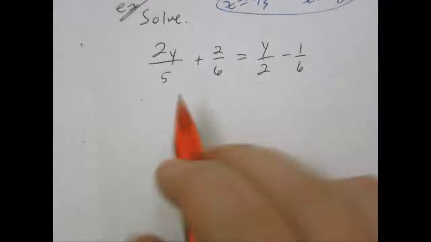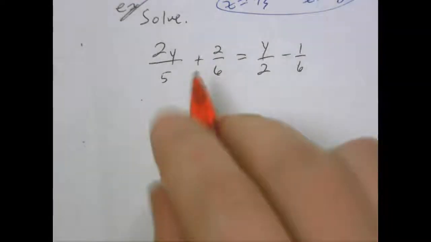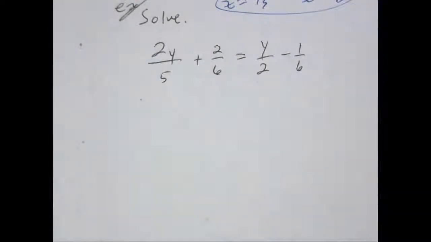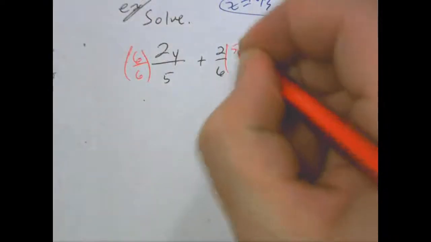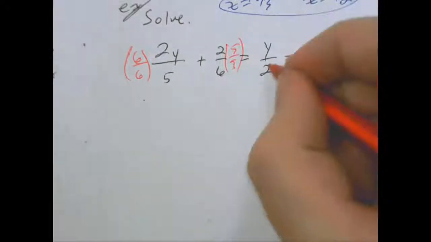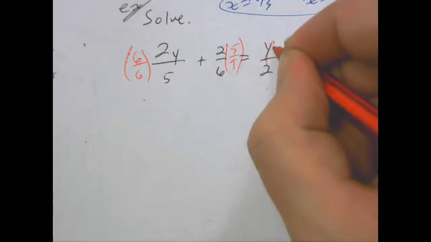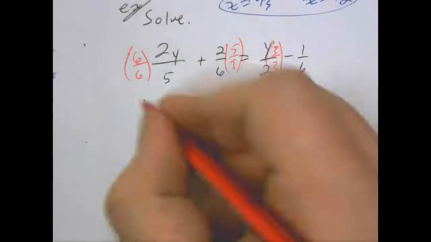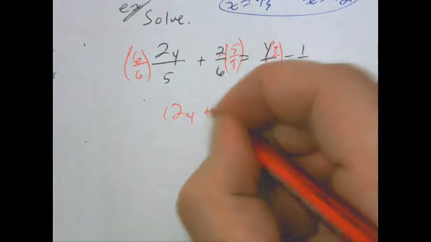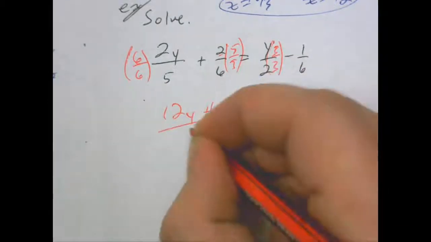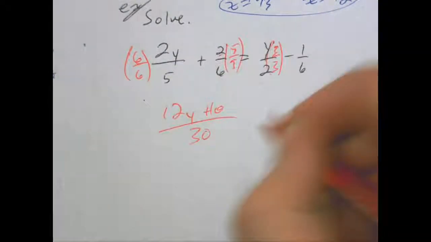So here, I would get common denominators on both sides so that we can combine these things more easily. So over here, I multiply by 6 and 6, multiply by 5 and 5. To make these common, I just need to multiply y over 2 by 3/3. So I have 12y, and then this will be plus 10 over the same denominator of 6 times 5, which is 30.